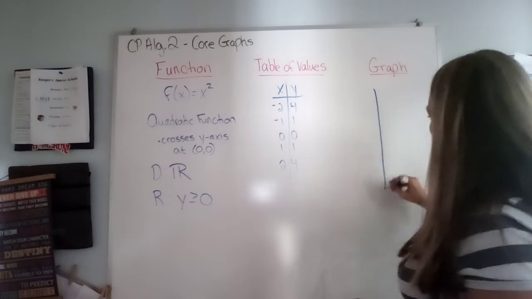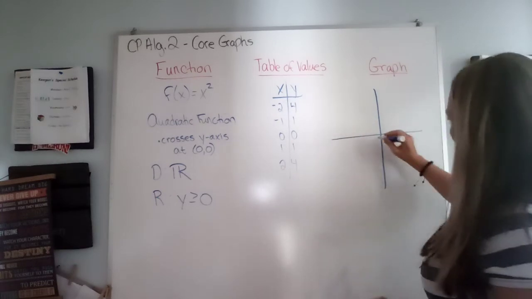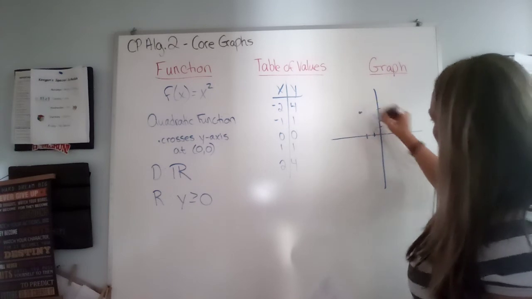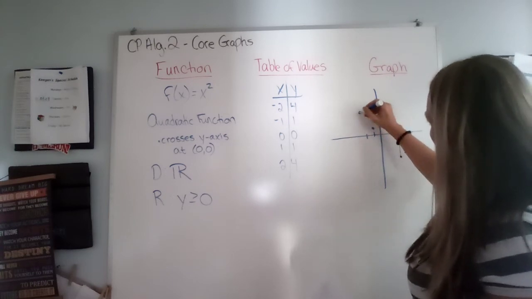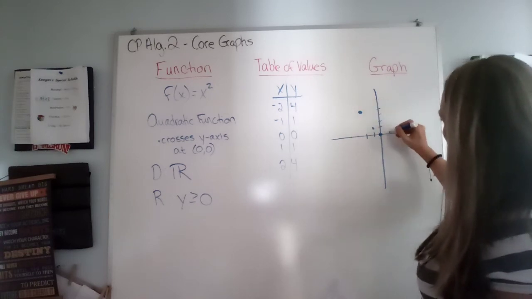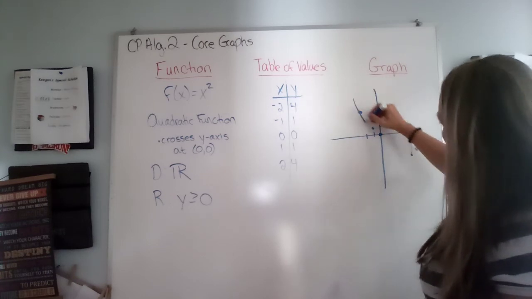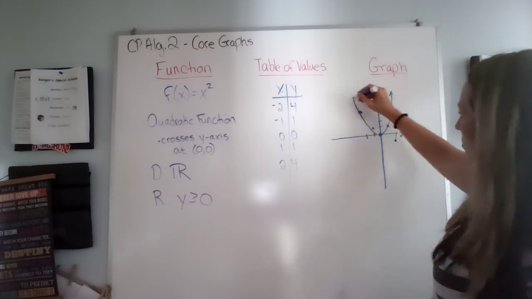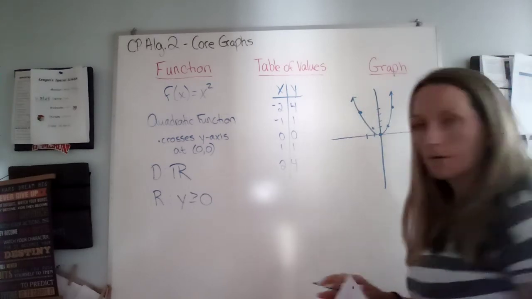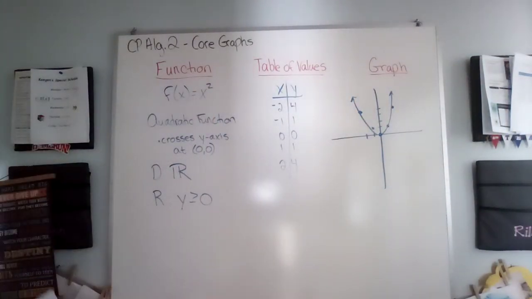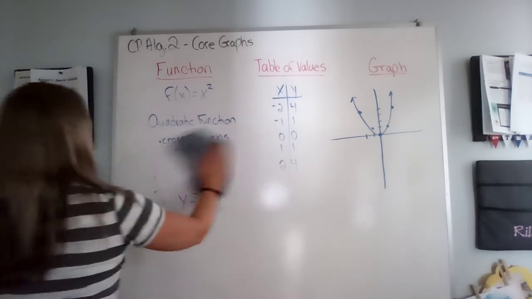I plot those points. -2, 4. -1, 1. 0, 0. 1, 1. And 2, 4. And it makes a nice parabola U shape. Okay. That was number 4 out of the 8 we're going to look at.